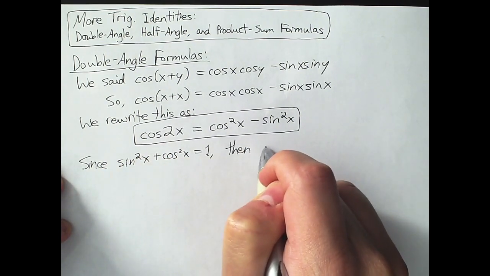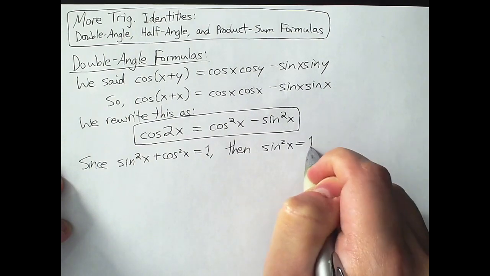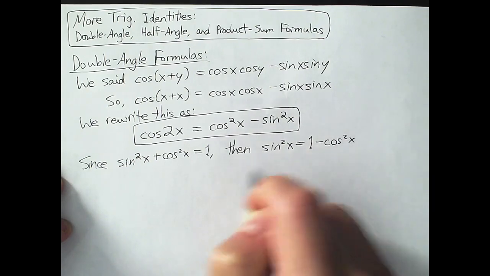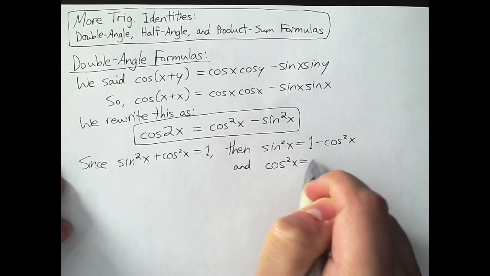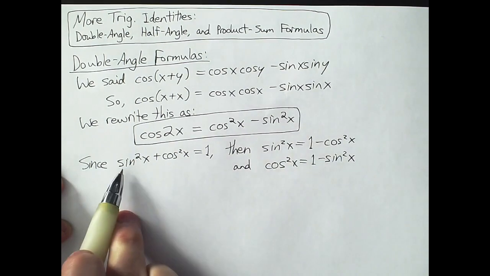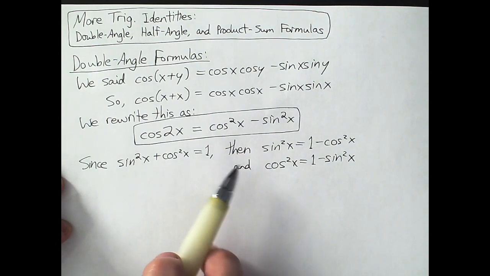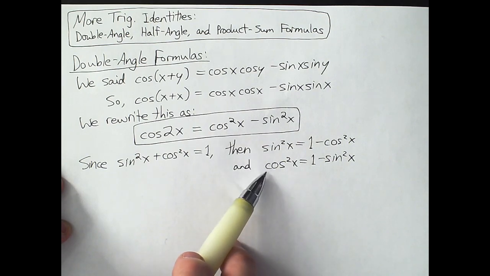then there's a couple of things we can do with it. We could rearrange to say sine squared x is 1 minus cosine squared x. And we can also say cosine squared x equals 1 minus sine squared x. Right, I took the fundamental identity and solved for sine squared, or for cosine squared, just by subtracting something from both sides.